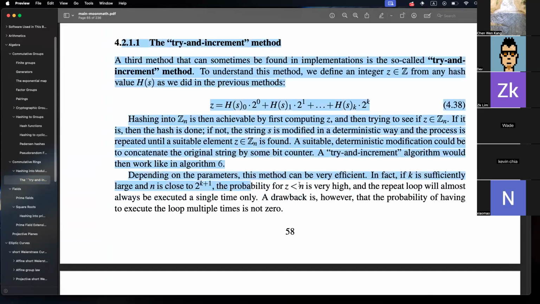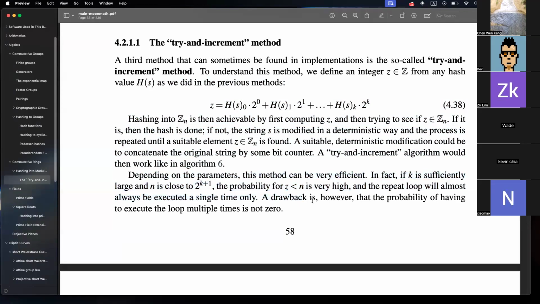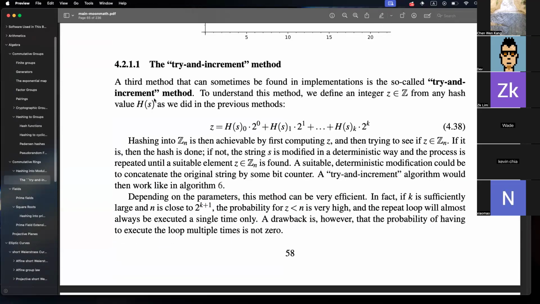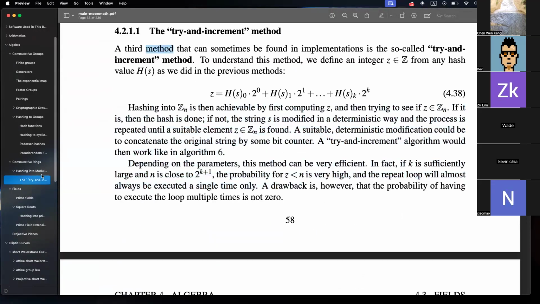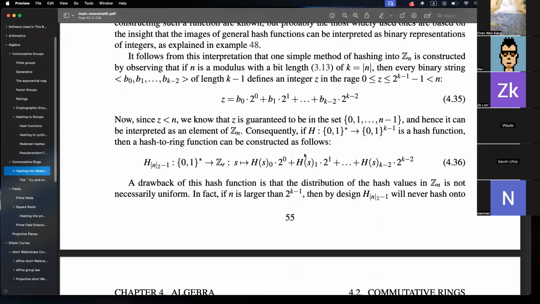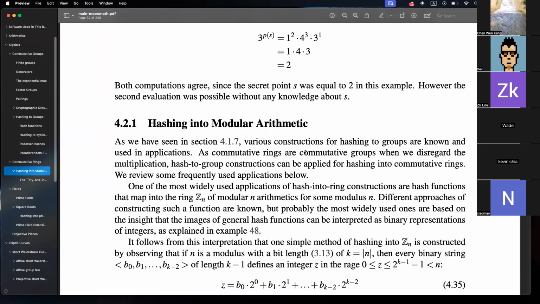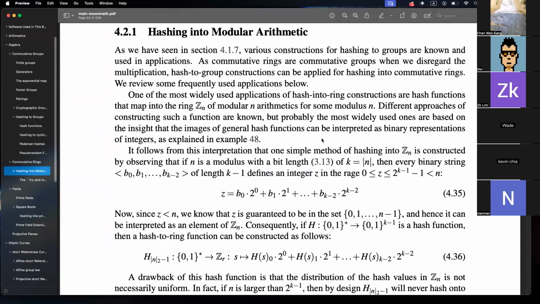This essentially does the same thing, but this is for rings and fields. If it's in groups, this is the third method, right? They talk about the third method here. But essentially, when you hash into modular arithmetic, there are multiple ways of doing it.